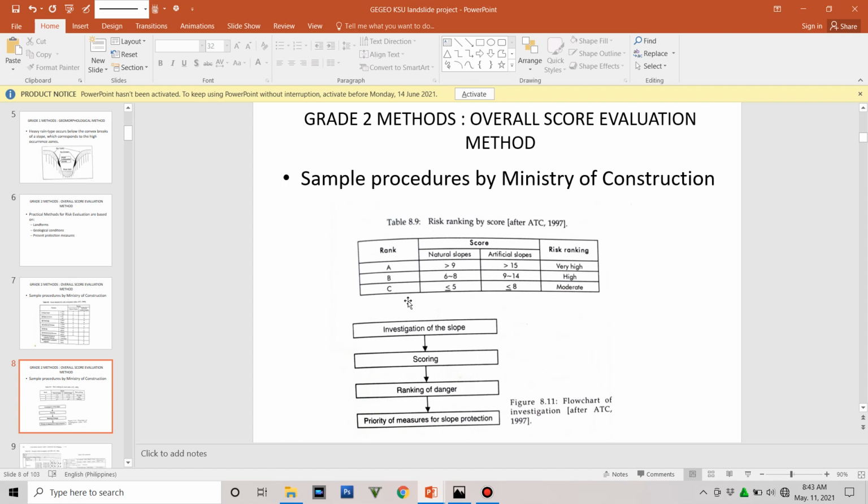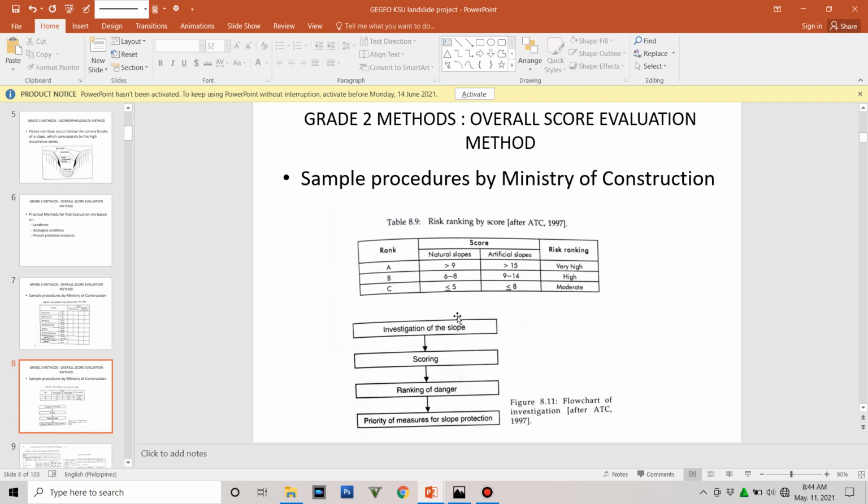And then for letter C, if the score is less than or equal to 5 for natural slopes or for artificial slopes less than or equal to 8, that is a ranking that equates to moderate.